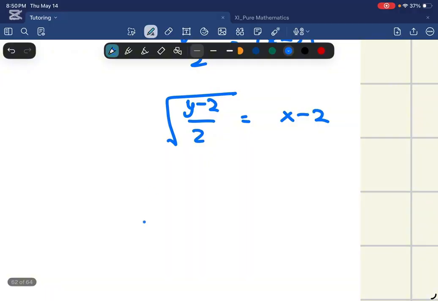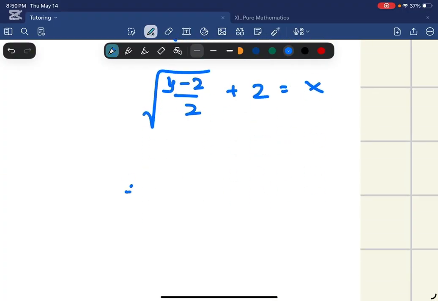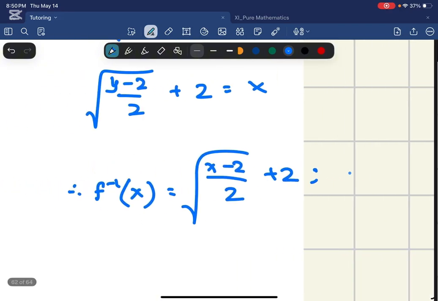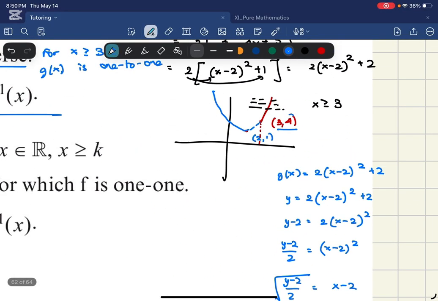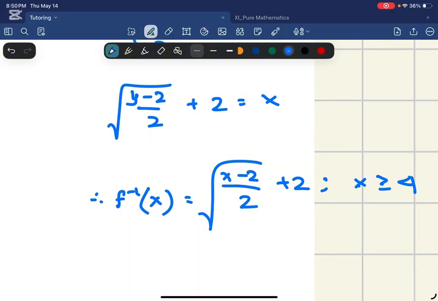And finally, I have square root of x minus 2 by 2, plus 2, is equal to y. Therefore g inverse of x is equal to square root of x minus 2 by 2 plus 2, but we need to give the domain, and the domain is going to be the range of g of x, which is that g of x is bigger than or equal to 4. So x is bigger than or equal to 4. So that is going to be my inverse function.